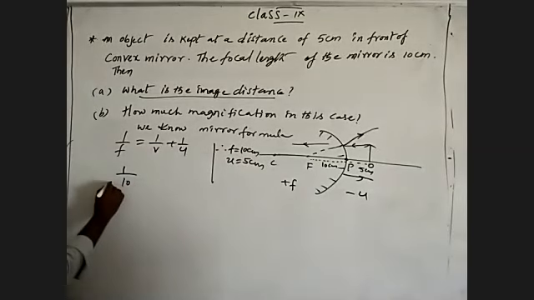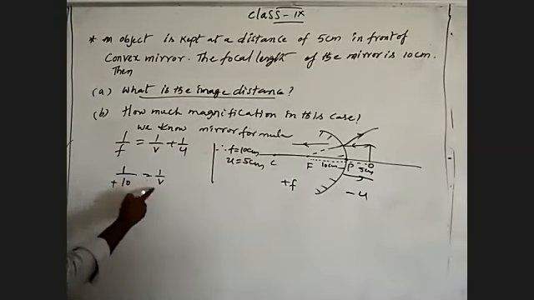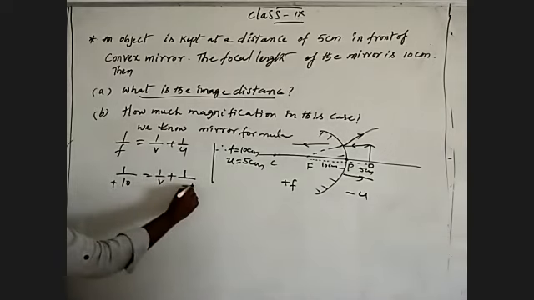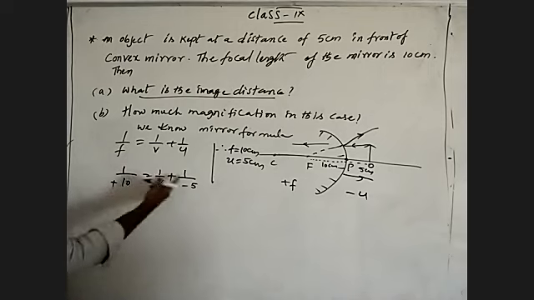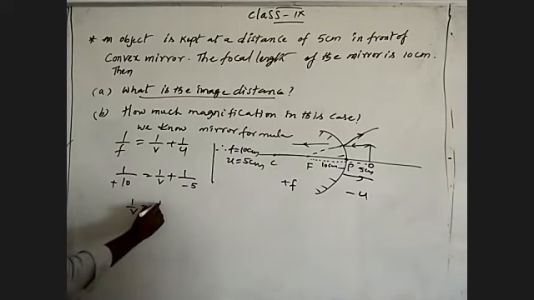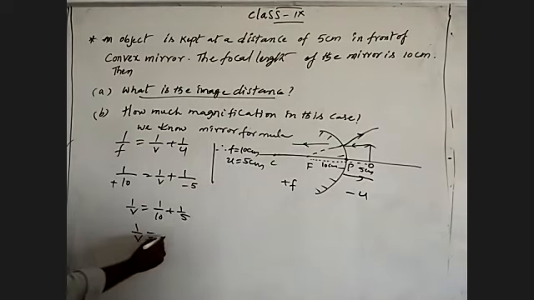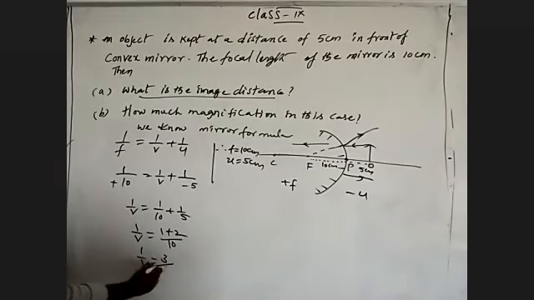Focal length is positive 10 centimeter, and u is minus 5 centimeter. By transferring, 1 by v is equal to 1 by 10 plus 1 by 5. Taking LCM 10, 1 plus 2 gives 3, so 1 by v is equal to 3 by 10.